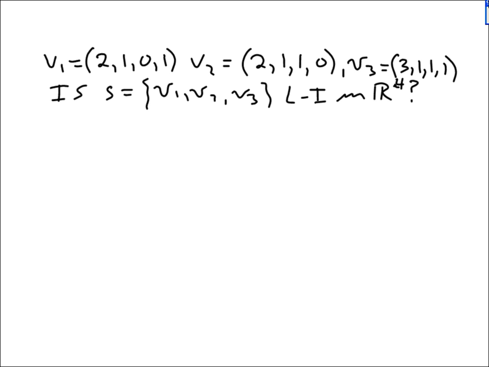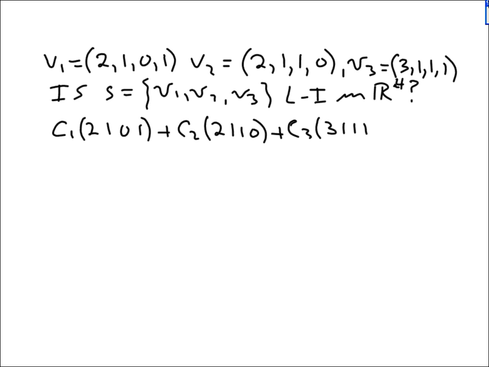So, set an arbitrary linear combination equal to 0: C1 times the first vector plus C2 times the second vector plus C3 times the third vector. Does this give me the 0 vector? Okay, now this is going to lead to a system of equations.